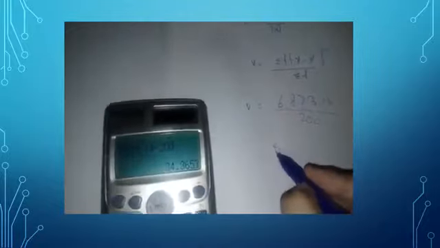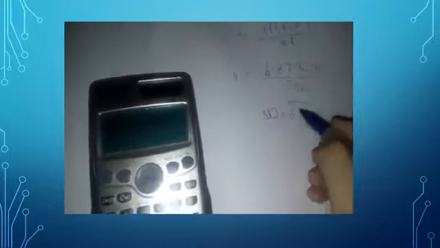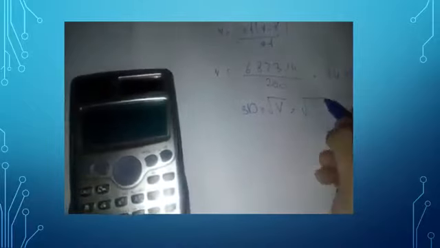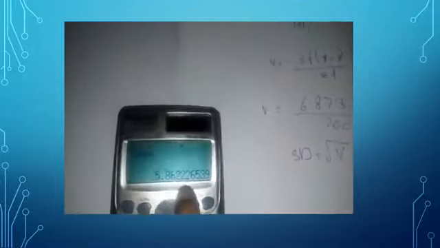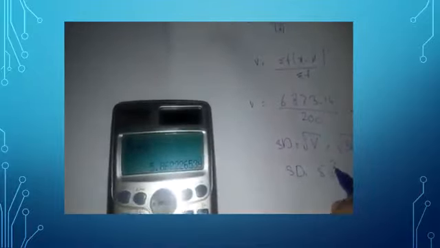To calculate standard deviation, we take the square root of the variance, 34.3657, and the answer is 5.86. So the standard deviation is 5.86.